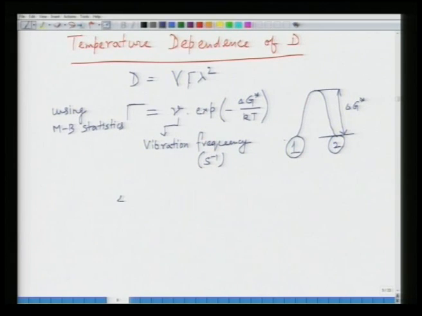Now, further we know delta G star, just from basic thermodynamics, I can expand it into delta H star minus T delta S star, where delta H star is nothing but your enthalpy of migration and delta S star is nothing but your associated entropy change that happens upon migration.